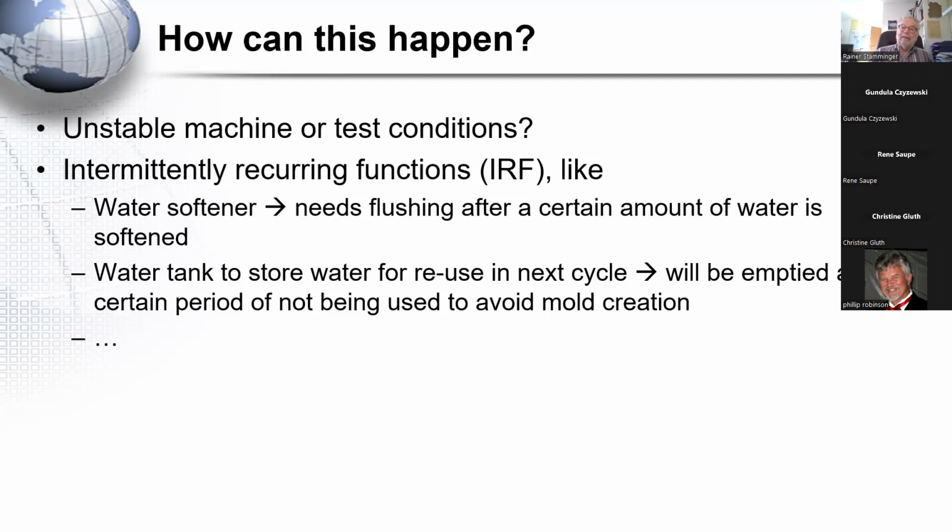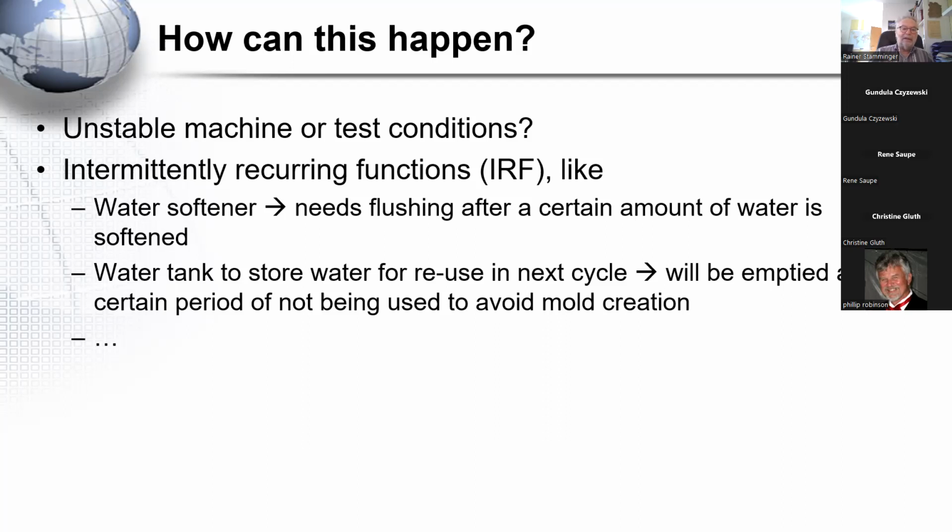But in those machines, water is stored for a certain time in a tank, and you should not keep this water for too long a time, because then molds would grow in this water, and this would not be good for the next washing cycles.